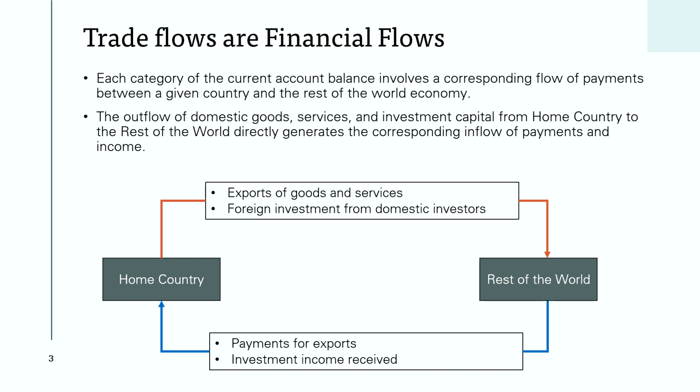Later, those investments may generate dividends, interest, rent, or profits that flow back into the home country. Therefore, whenever goods, services, or investments move in one direction, corresponding financial payments move in the opposite direction. Economists view these two flows as two sides of the same transaction.